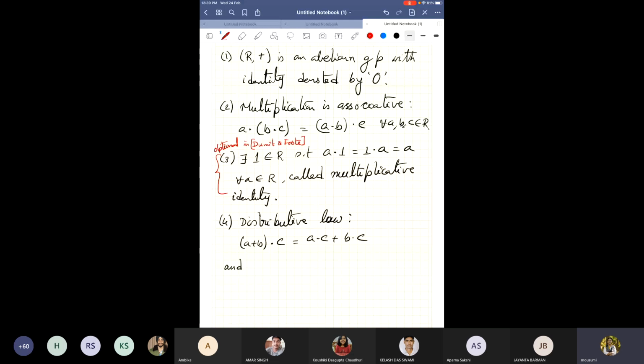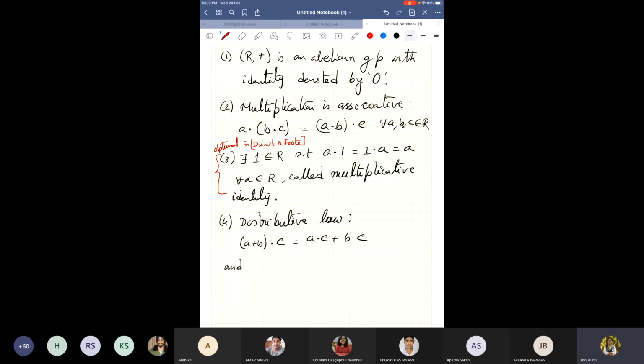In commutative algebra and algebraic geometry also, we assume all rings to be with identity. But usually that is not taken care of everywhere. For example, in Dummit and Foote, it's not there.